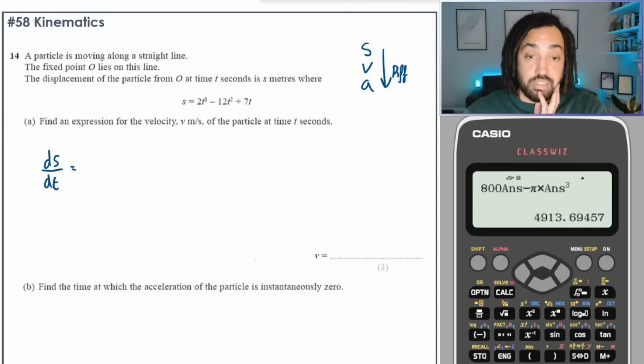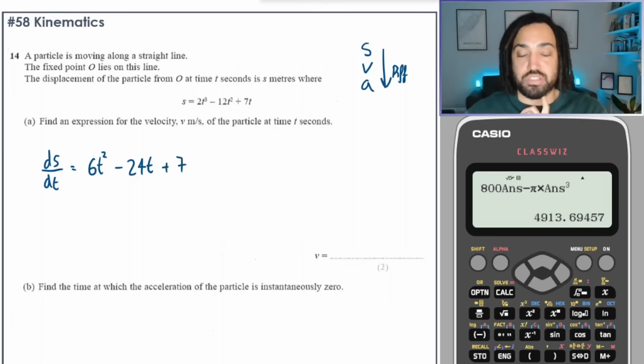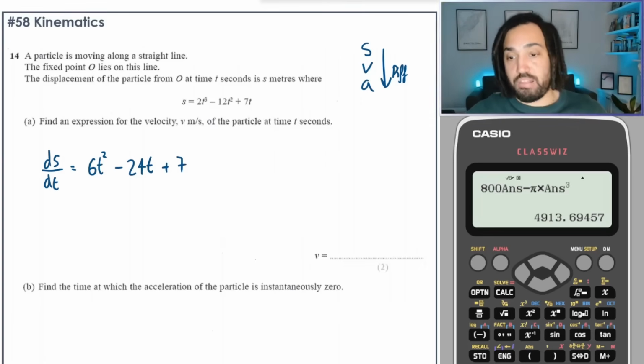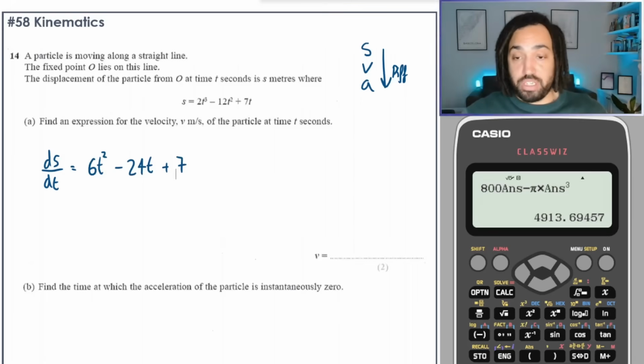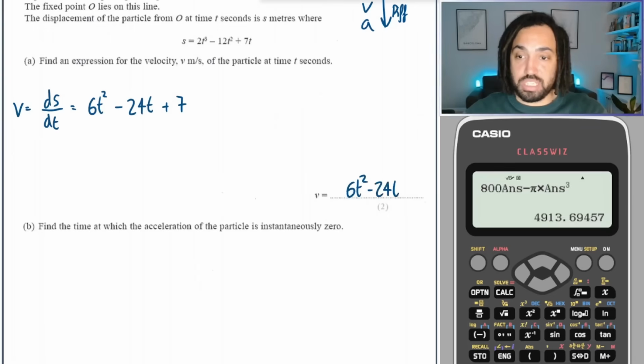So the 3 comes down, times the 2 to make 6, and then drop the power down to a 2. 2 times 12 is 24, drop the power down to 1, and 1 times 7 is 7, drop the power down to 0, so the t disappears. Again, check out my video where I go through all the topics if you need more details. So that is the velocity, because the velocity is the derivative of the displacement. So that is 6t squared minus 24t plus 7.